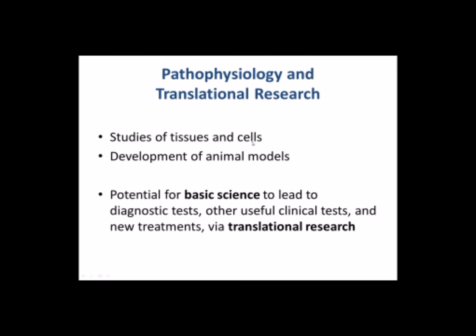You can find a lot of abnormalities. Knowing which ones are the most important is hard, and that's why basic science research takes a very long time to sort out. Another important thing is the development of animal models, and there haven't been a lot of those in vasculitis, and I'll mention how that's growing and how they're starting to be used.